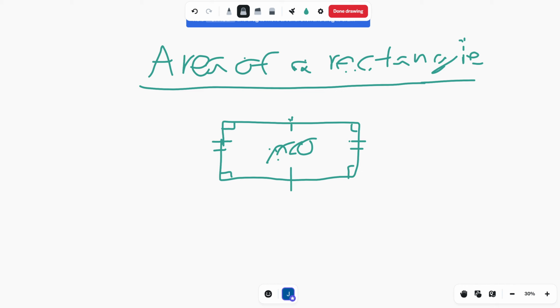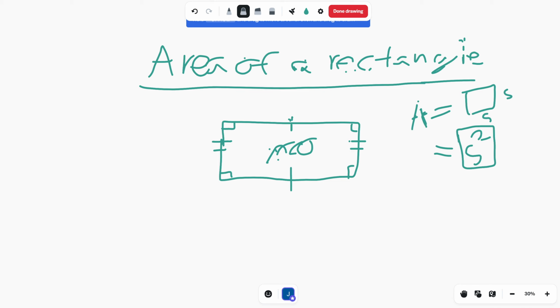So when we look at a square, the area of a square is equal to its side squared. Since each side of a square is the same, we're multiplying the same side by itself. So that's the same thing as just squaring it.